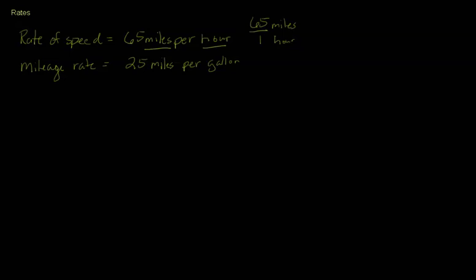Pay rate, your hourly rate of pay. Let's say that you get $12 per hour. Anytime you see things like per, that means that we are usually dividing.